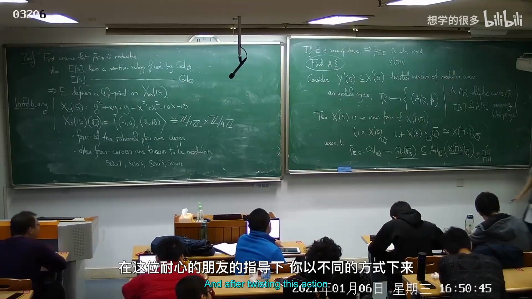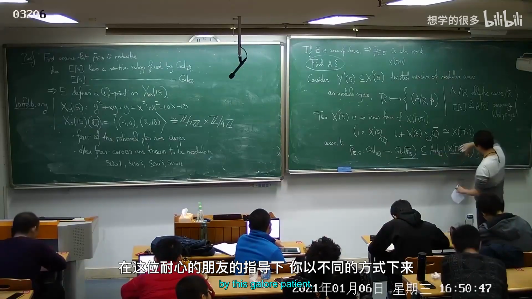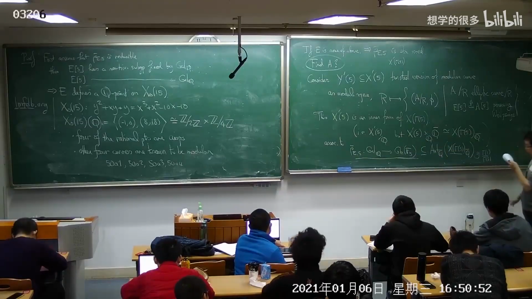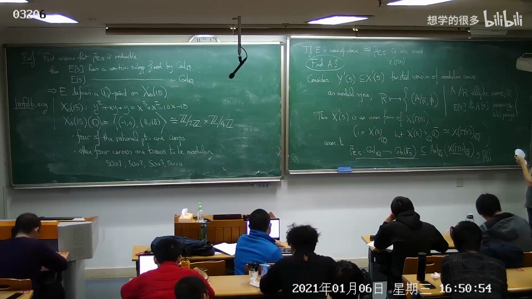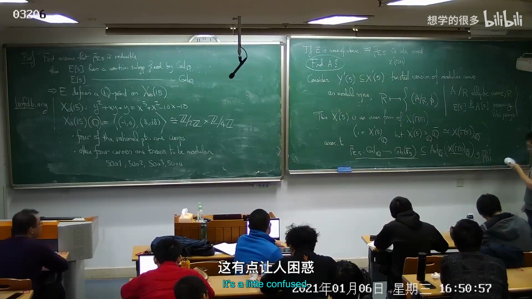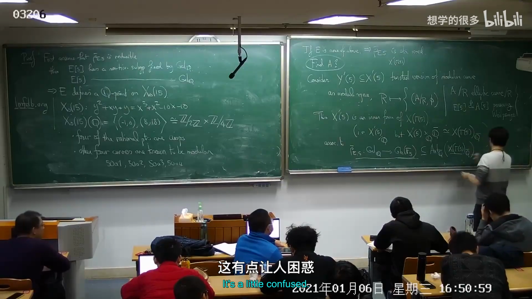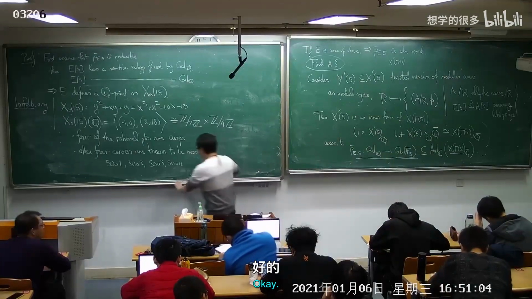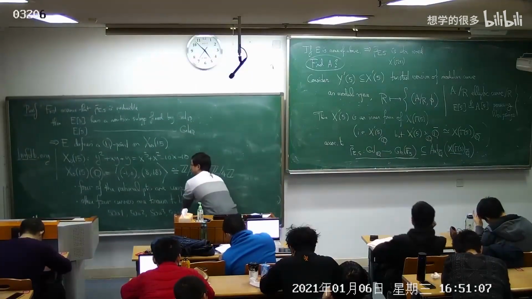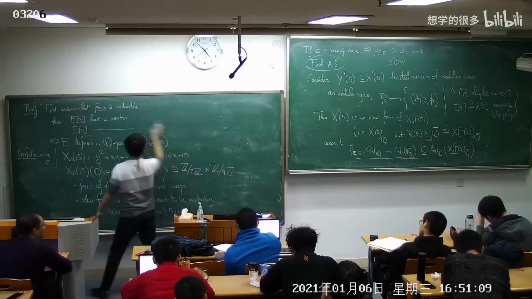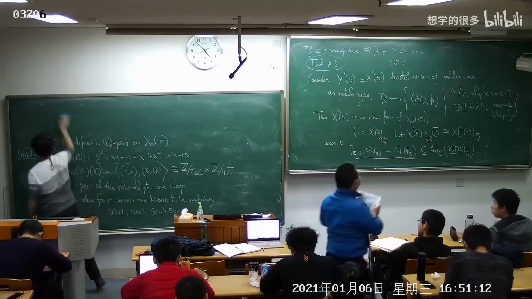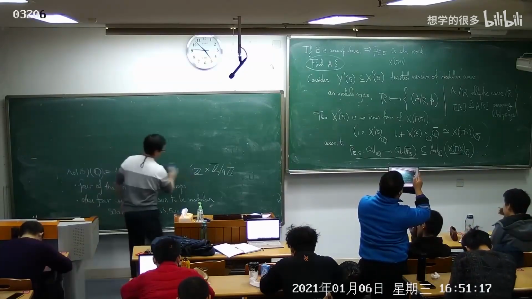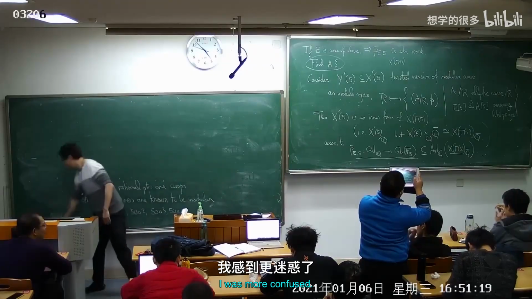And after twisting this action by this Galois representation, you descend it differently, in some sense. I'm a little confused by this, but anyways.